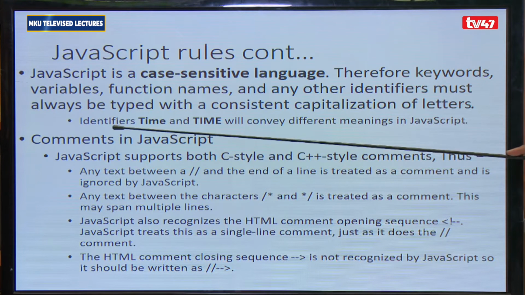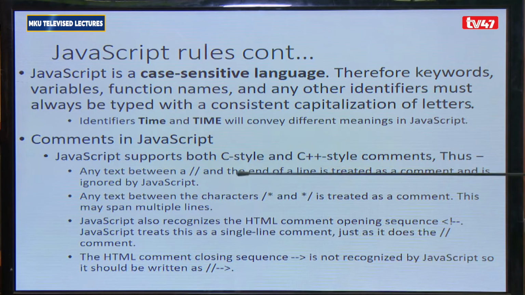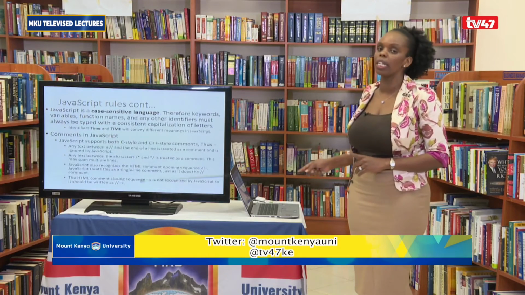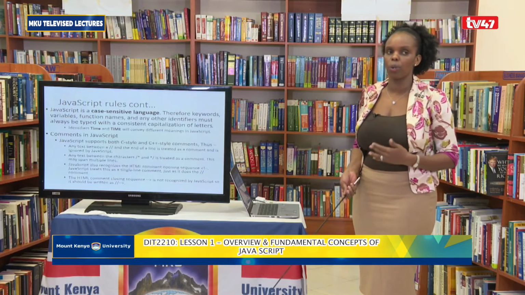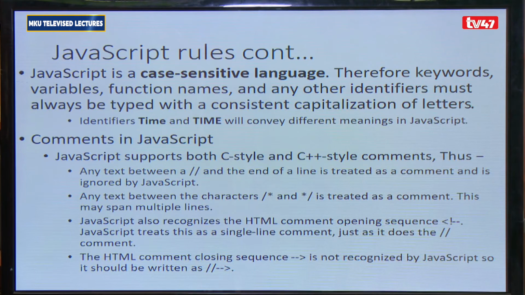We have an example here of an identifier time: Time with capital T and the rest small, and then TIME in all capitals. These two identifiers will convey a different meaning in JavaScript. So it's good to know how you are dealing with your capitalization to avoid referring to an identifier in different capitalization ways. You have to put the capital letters in the right place, and your small letters in the right place, to avoid that confusion.